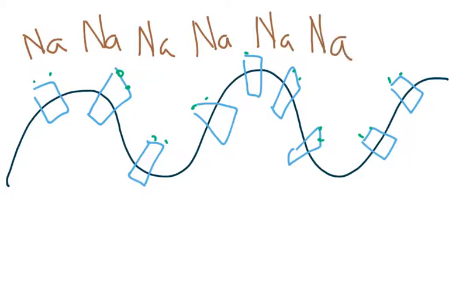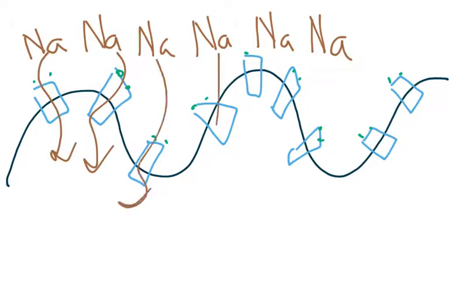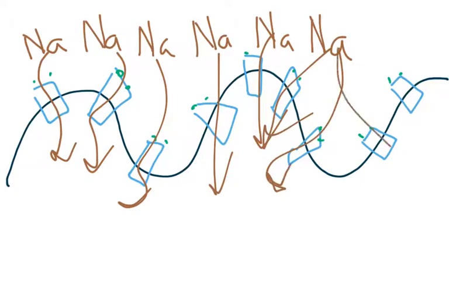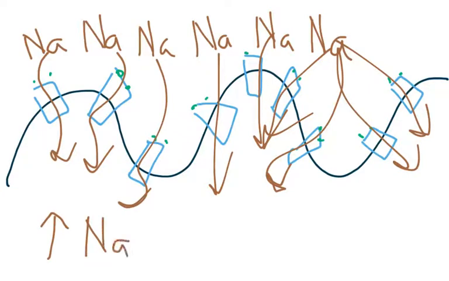And the first thing that happens is this channel opens and sodium rushes into the cell because it's so much higher outside the cell. It's coming through all of these receptors. And so that sodium comes through the receptors, increasing the intracellular sodium concentration.